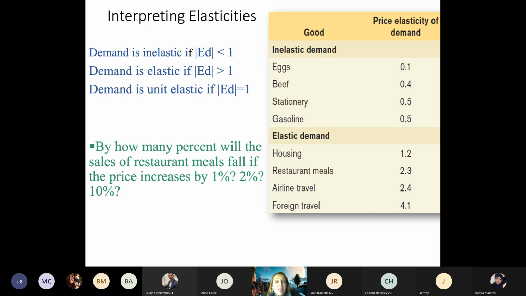You want to say it? Say it. 23%. That's if price decreases by 10%, then sales will increase by 23%. If price decreases by 1%, then by 2.3%, right?